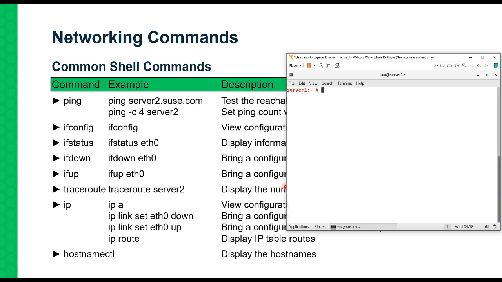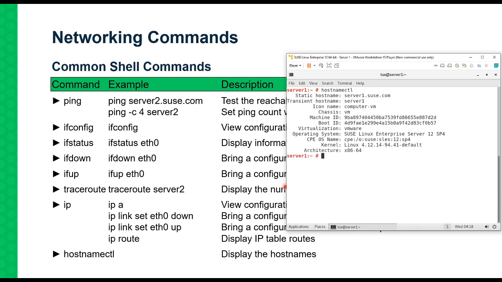I'm just going to clear our screen. Now let's type hostnamectl, and let's run it. So here it gives us our fully qualified domain name, and it also gives us our shorter name or our alias.